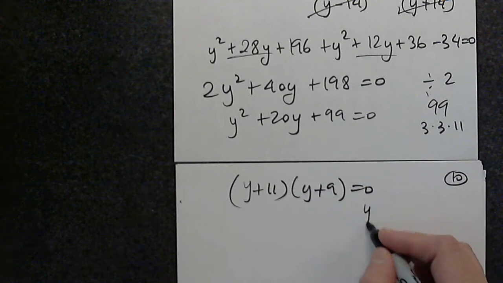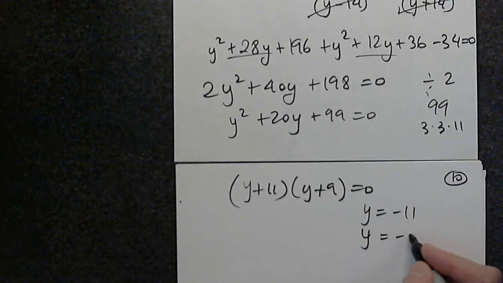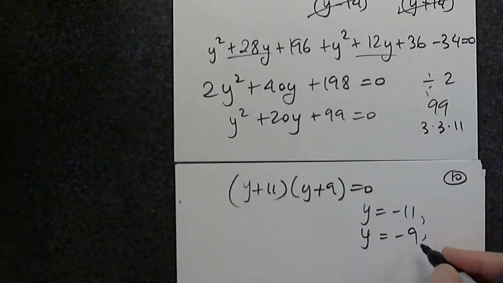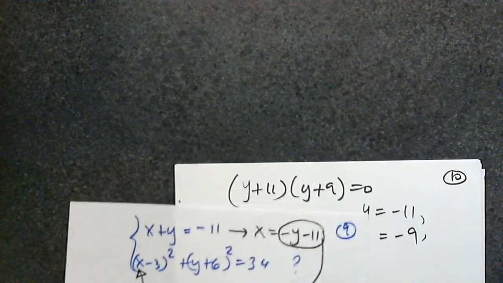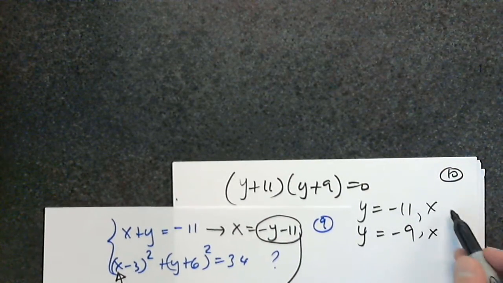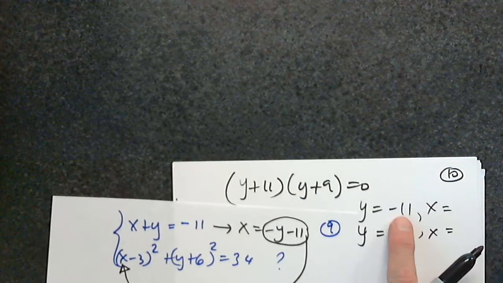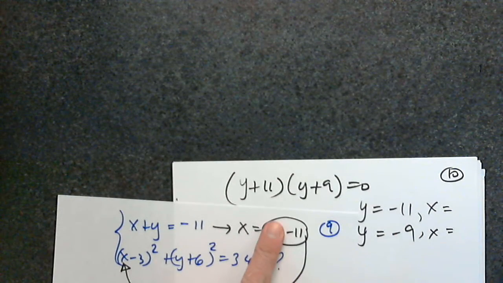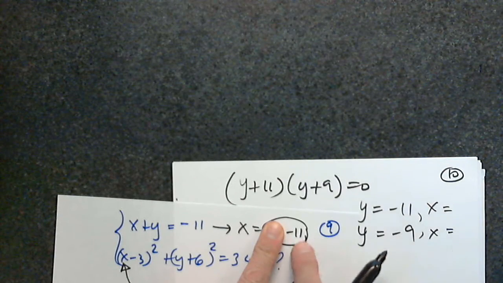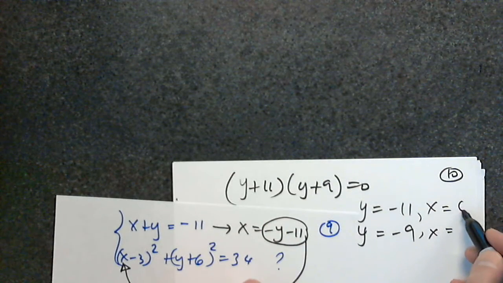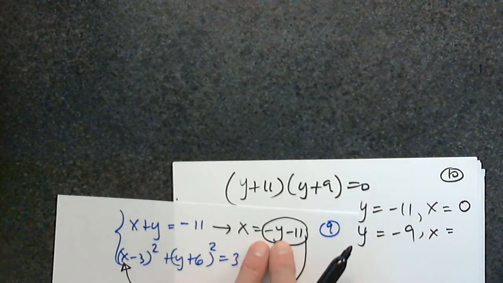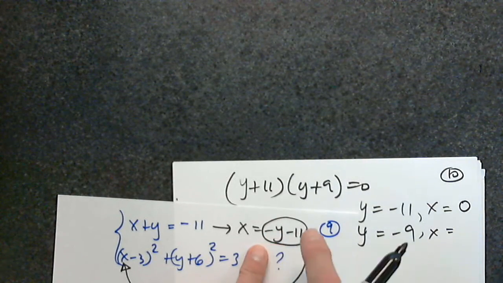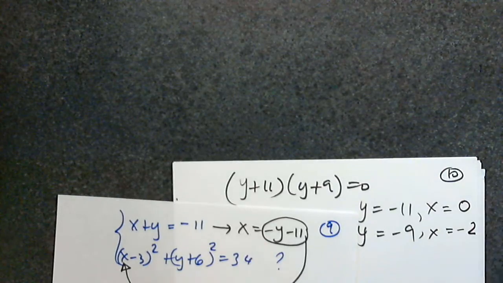So there are two options for y. Is this good? Yes, but not good enough. So I have to go back here and determine the corresponding x. When y is negative 11, with minus in front it is positive 11, minus 11 is? Now when y is negative 9, with minus in front it will be positive 9, and 9 minus 11 will be negative 2.